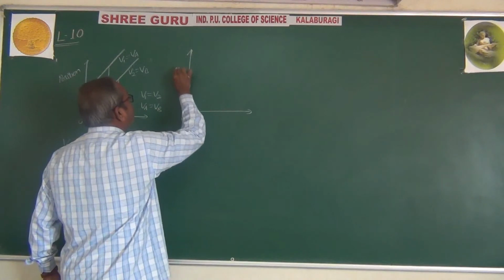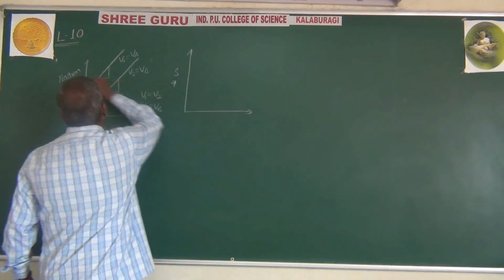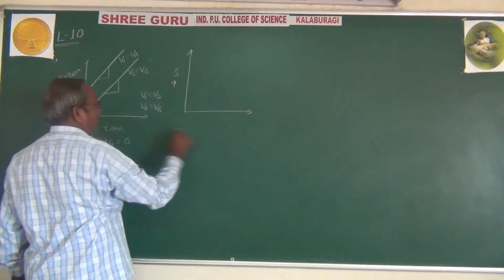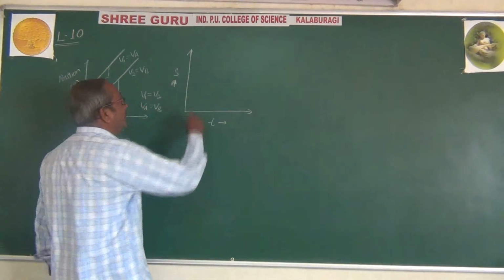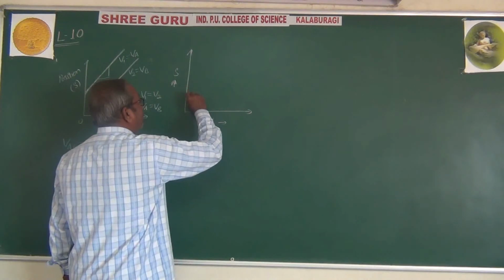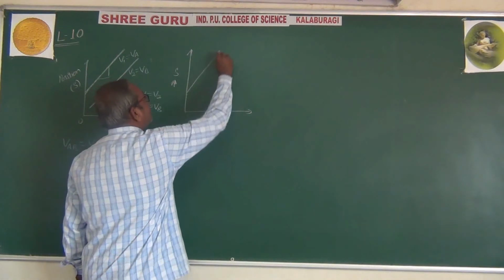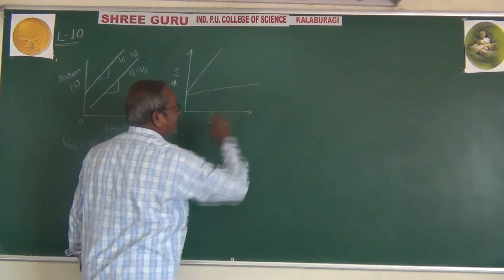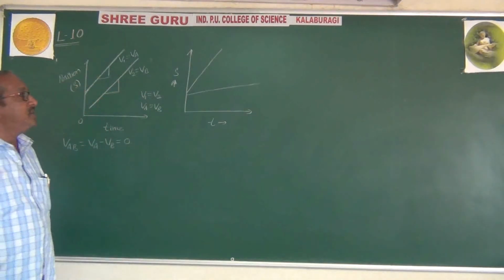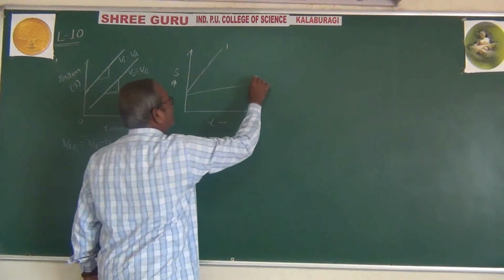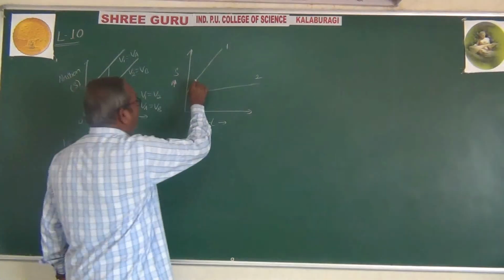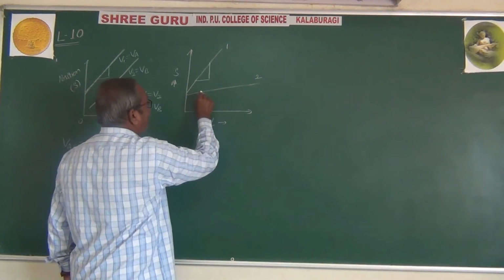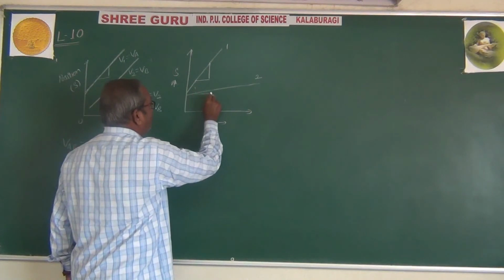Here is another curve. Again position, I will draw it. The curve will be one like this and the other curve like this. This is one and this is two. Here you find the slope, and here also you find the slope.